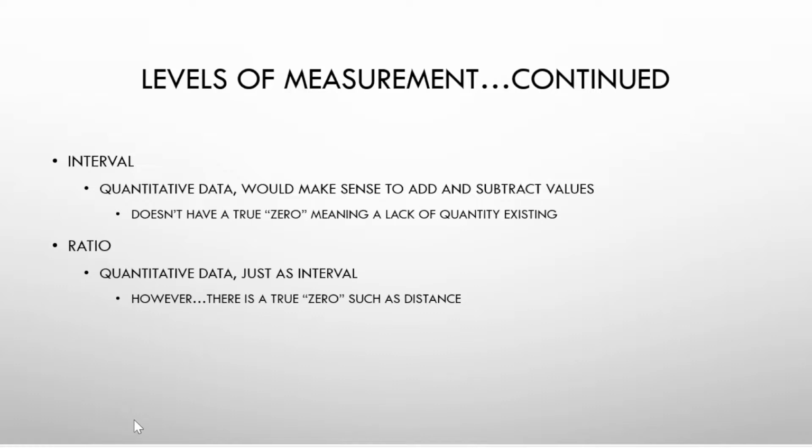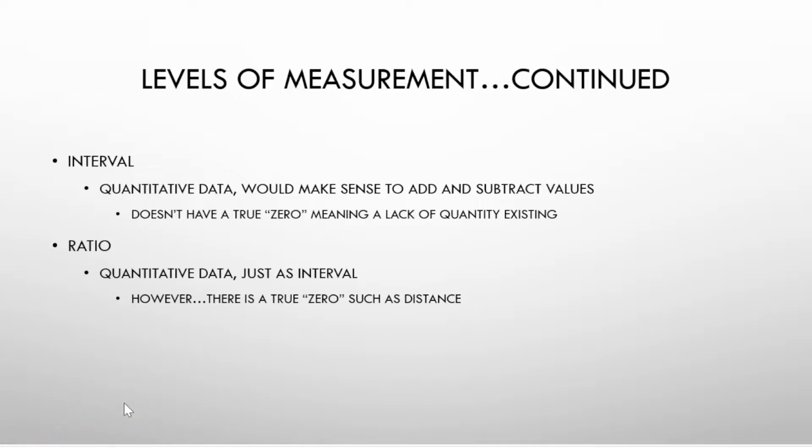The key idea is that it doesn't have a true zero, meaning a lack of the quantity existing. I know that sounds like a lot to wrap your head around. Ratio is really similar, but it has a true zero, such as distance. I'm not going to give you test questions on this as much; I just want you to have a basic understanding.